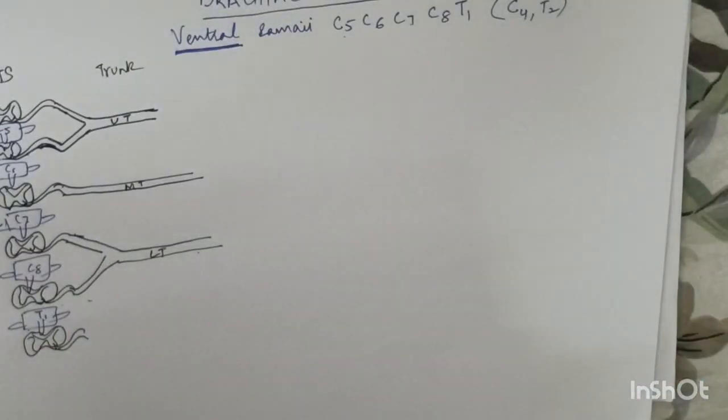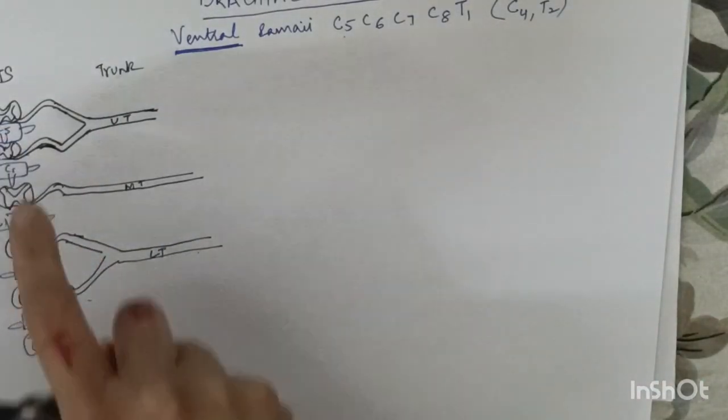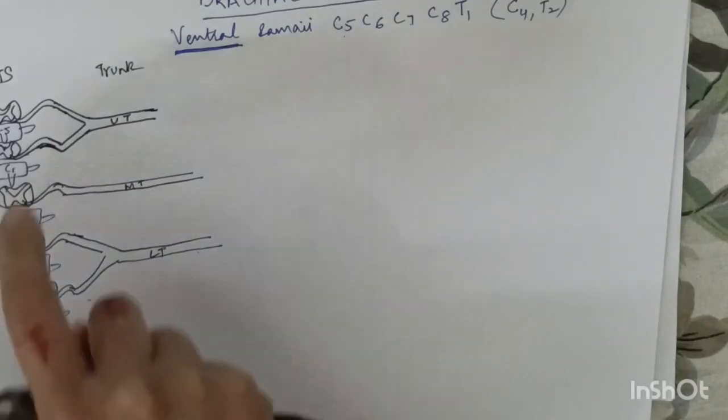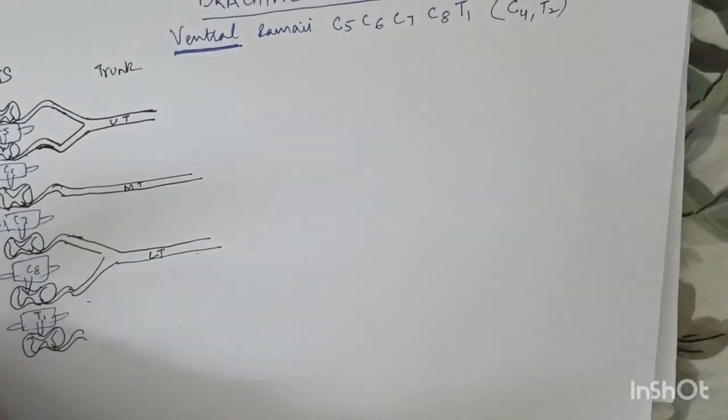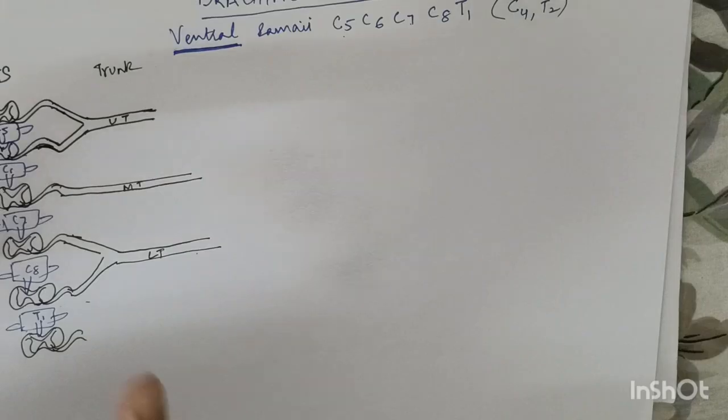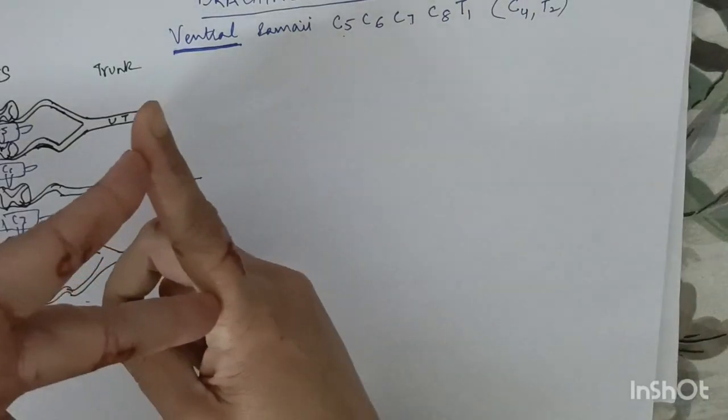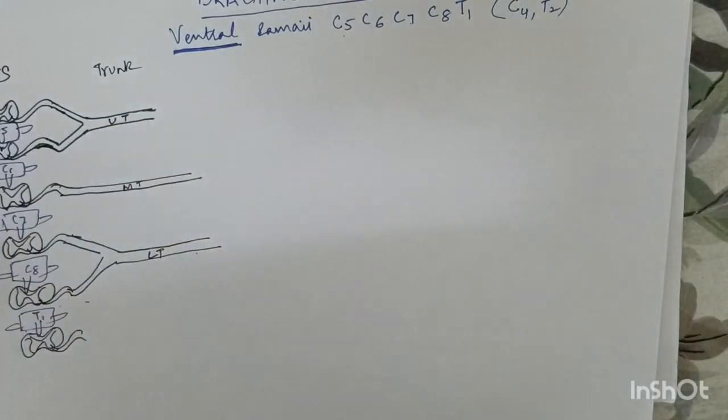We will quickly make this brachial plexus and then I'll tell you where it arises and how it moves. Now remember, these roots arise from the vertebra, and then they pass through the scalene triangle of the neck. It is the posterior triangle of the neck, formed by the anterior and middle scalene muscles and the base of the first rib.